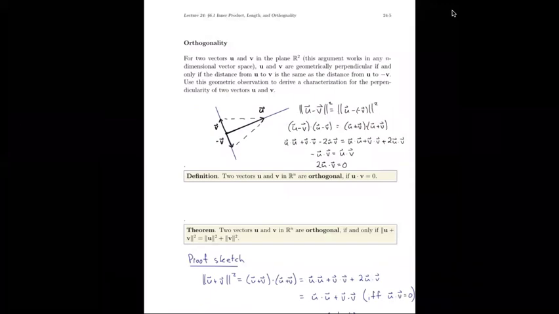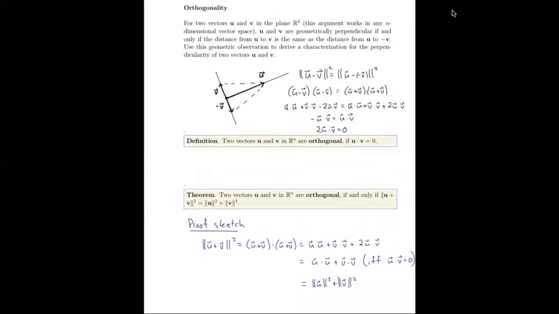And we'll see even further discussion of this perpendicularity or orthogonality by the end of the section that might be familiar to us from the past. So two vectors u and v are orthogonal if and only if this identity here holds. The norm of the sum u plus v squared is equal to the norm of u squared plus the norm of v squared.